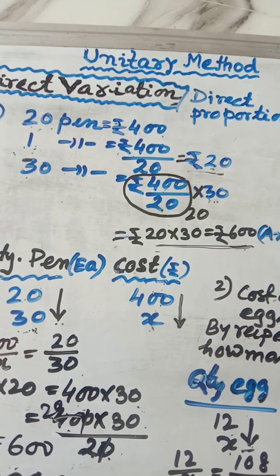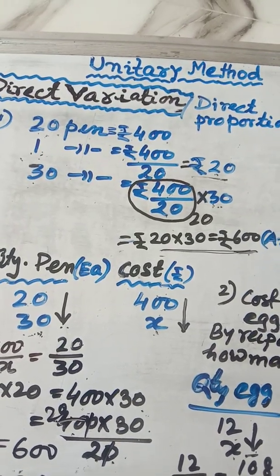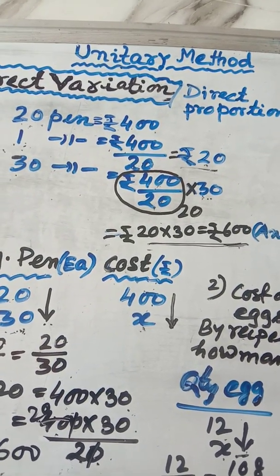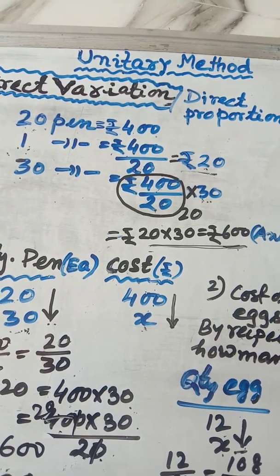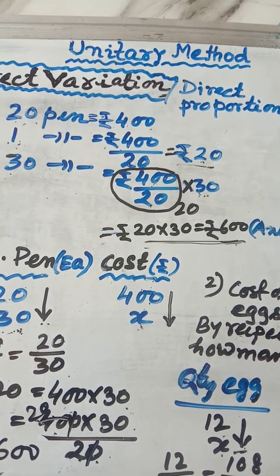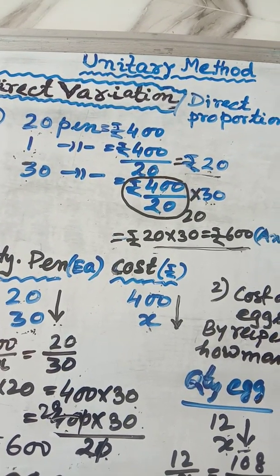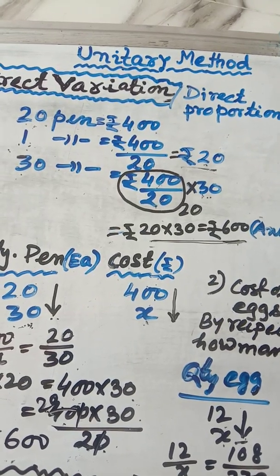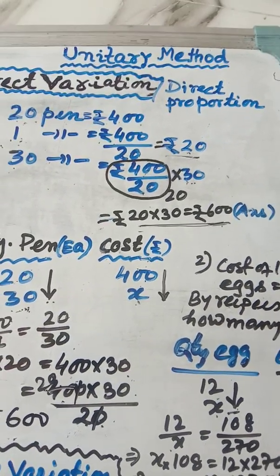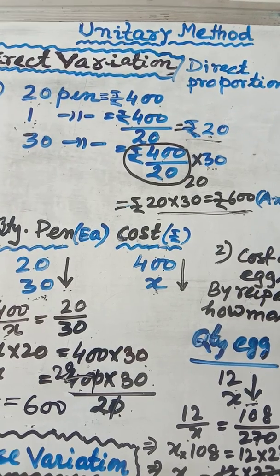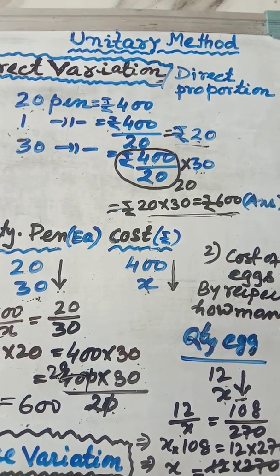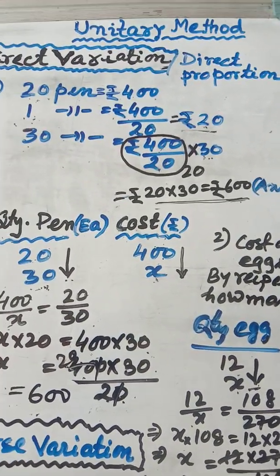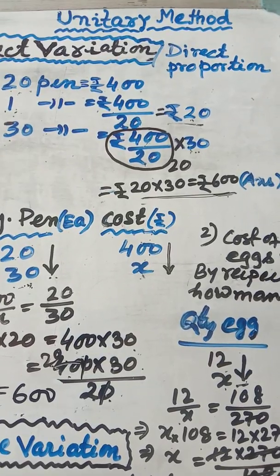Directly proportionate means when the quantity you are increasing, the cost is increasing, or the quantity you are decreasing, the cost is decreasing. That is directly proportional, direct variation sums. That is only in the syllabus, but sometimes it happens, children, that you are increasing the quantity, but you have to reduce the relative quantity.